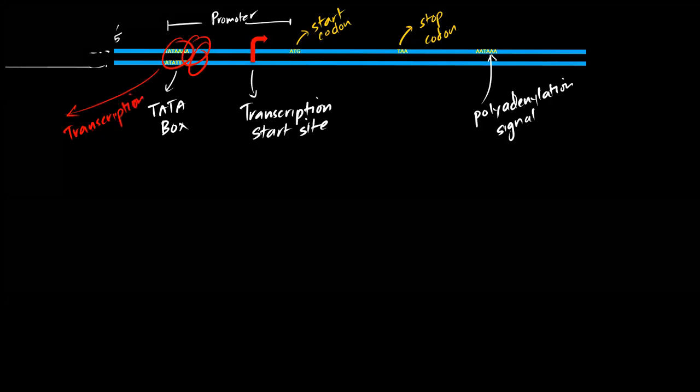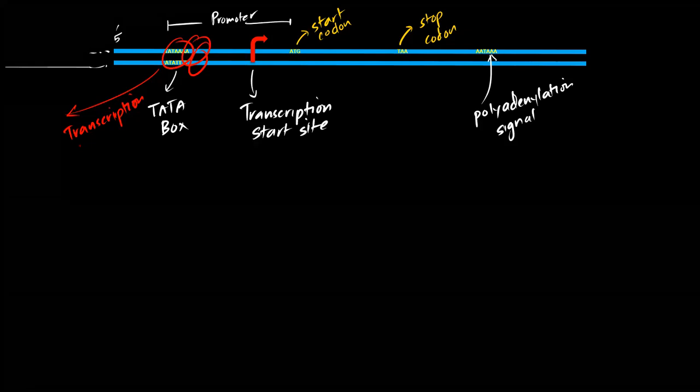They bind to the promoter first, and to the TATA box more specifically. Then, after the transcription factors bind, the RNA polymerase will bind. So this is the RNA polymerase.